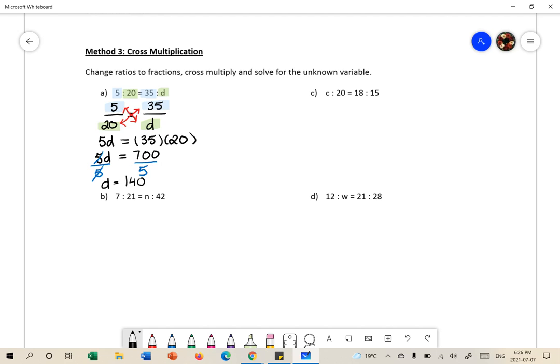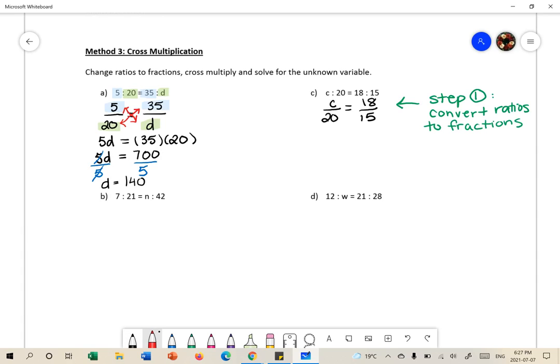Let's try this again. C to 20 is equal to 18 to 15. I'm going to convert these into fractions. Next, I'm going to cross multiply. So opposite numerator is being multiplied by opposite denominator. 15 times c, 15c, is equal to 18 times 20.